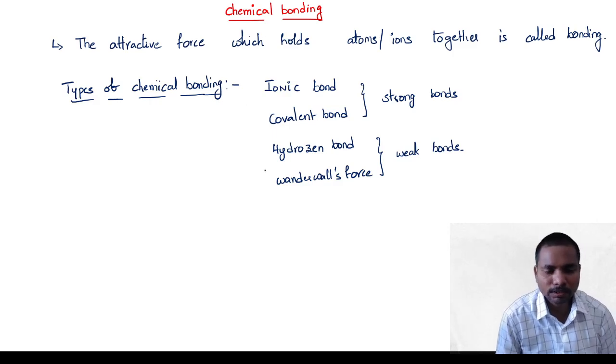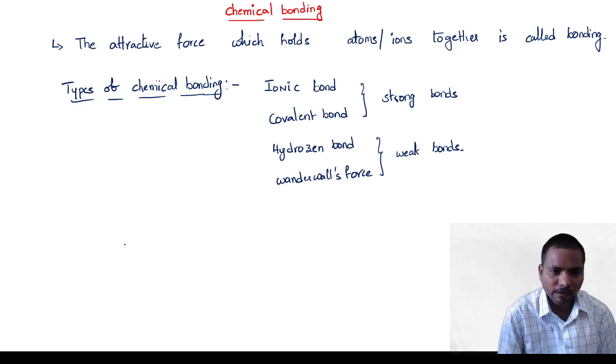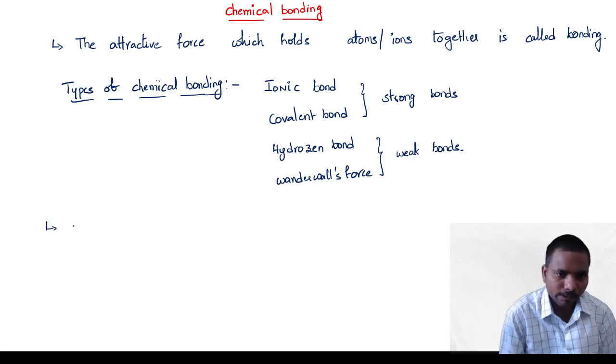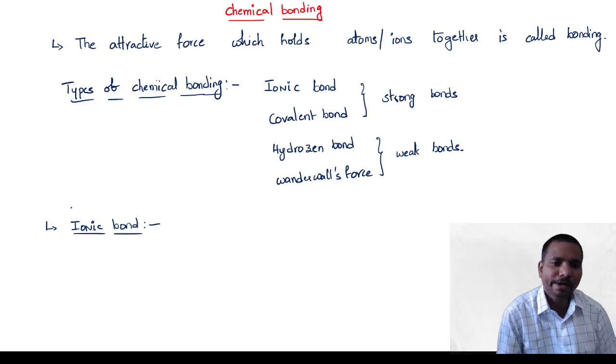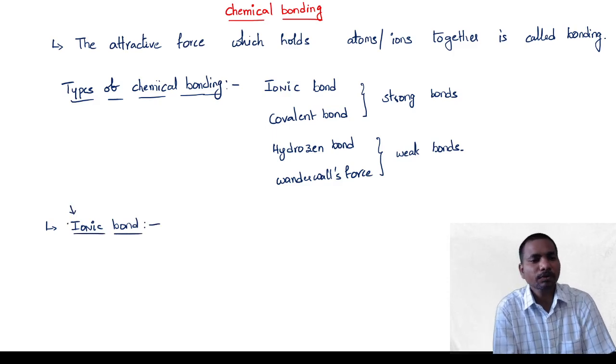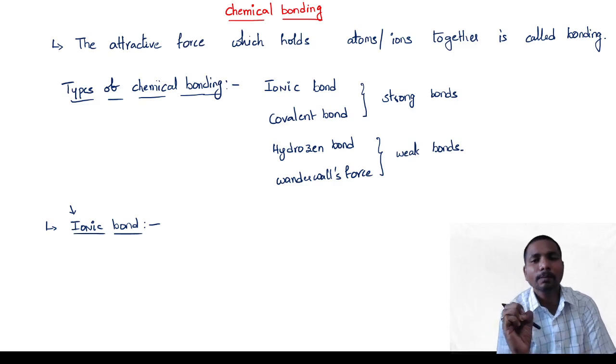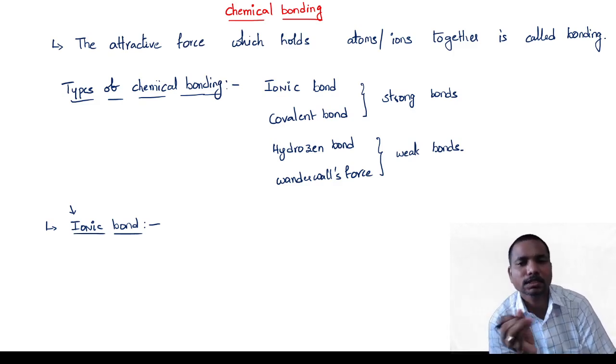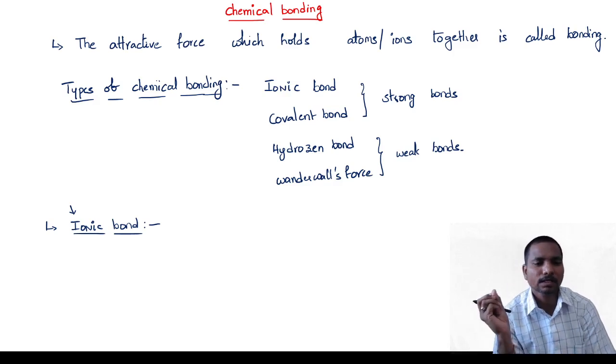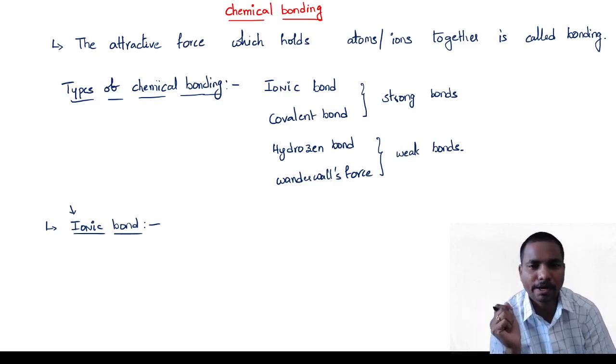Now, coming to these bondings, we will discuss each and every one. First of all, ionic bond, very important. Ionic, as the name itself says, is about ions. What are the ions we have? Positive and negative ions. The bond between positive and negative ions is nothing but ionic bond.